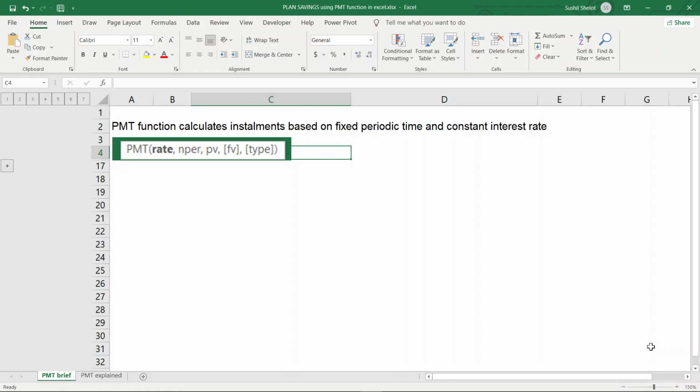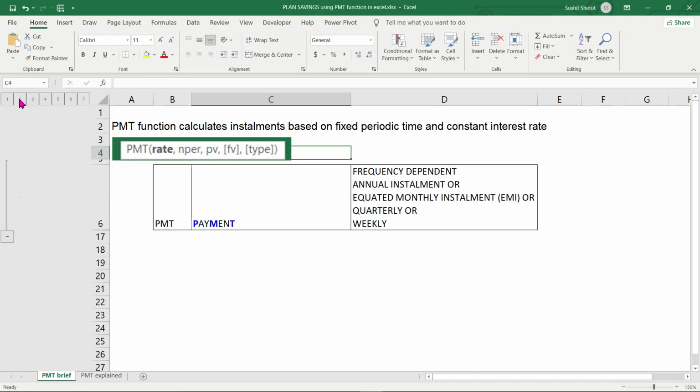And then it is with a constant interest rate that will be earned over the installments or the periodic savings that shall be done by the individual. So what are the requirements of this PMT function? First thing is rate. So let's get on to all these requirements one by one. Basically the payment or the PMT function is nothing else but the frequency dependent annual installment calculation.